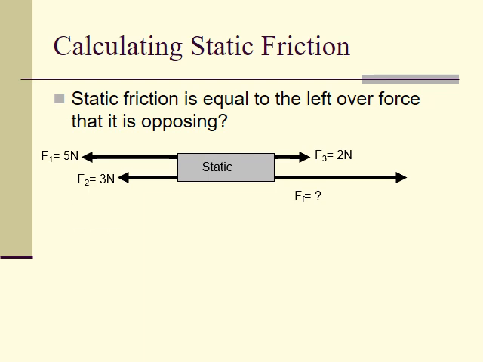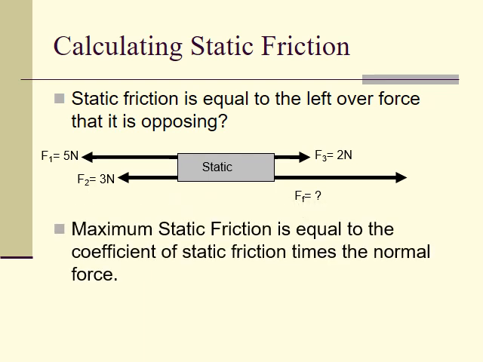However, the maximum static friction does have an actual equation, right? That actually does depend on your normal force. So in a question where it wants to know about the maximum static friction, you can calculate it, and it's just like the equation for kinetic friction, except for static, right?